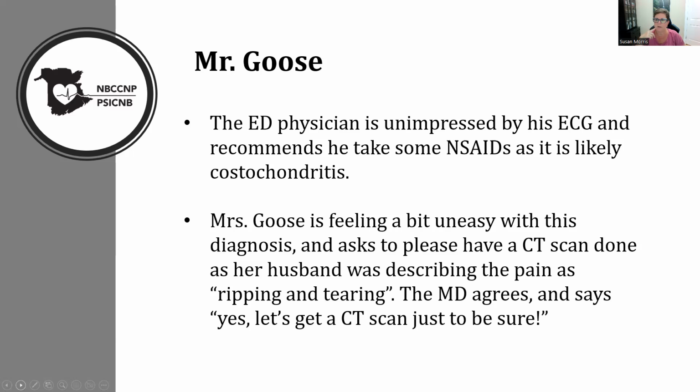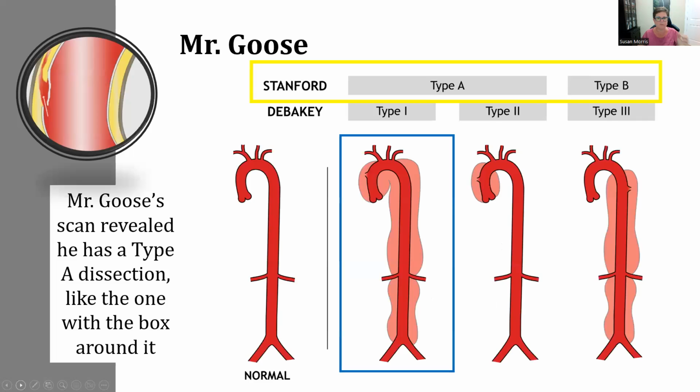Oh no, I wish I had known this when he first came in, because I would have ordered a CT as soon as he got here after his 12 lead was done. So that ripping, tearing pain is very classic of a thoracic dissection. And so our patient goes over for a CT and he is diagnosed as a type A aortic dissection.